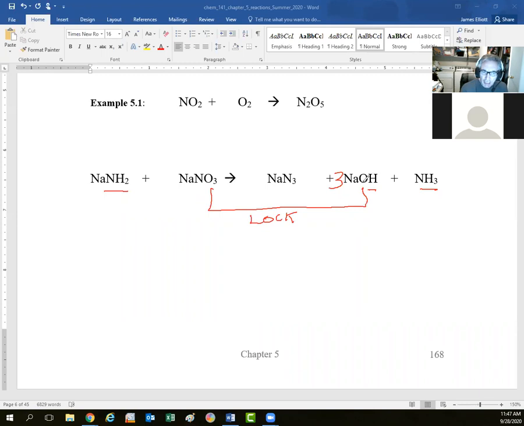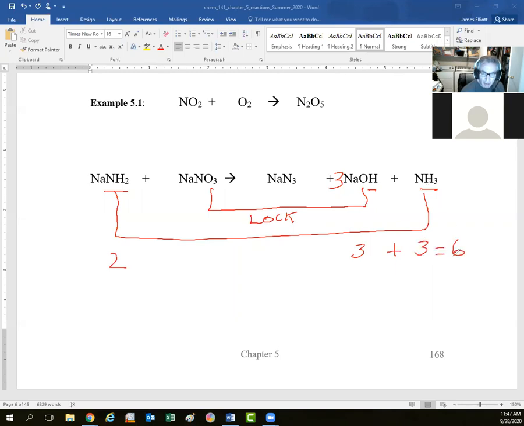So with the hydrogen here locked in, that should hopefully mean that we only have to affect the hydrogen in this source. So let's see how much we've got. We have got 2 atoms of hydrogen here on the left. On the right hand side, 3 times 1, 3, plus the 3 from the ammonia.